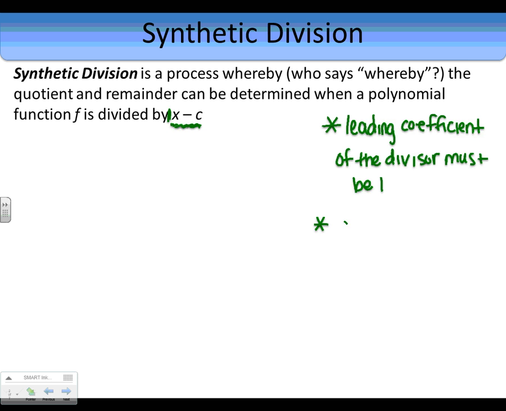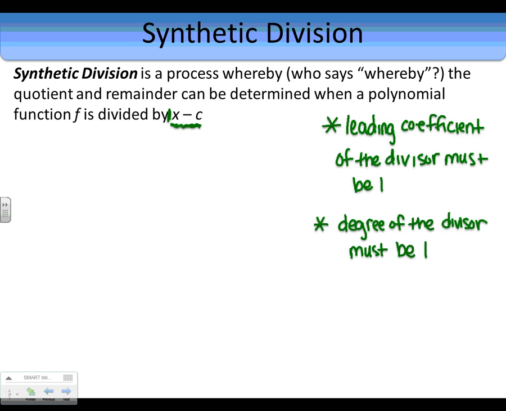Also, the degree of the divisor must also be 1. So it's a linear function, so you can't have something like x squared plus 3x minus 4 as your divisor. That's where you have the restrictions on when we're using synthetic division instead of long division.